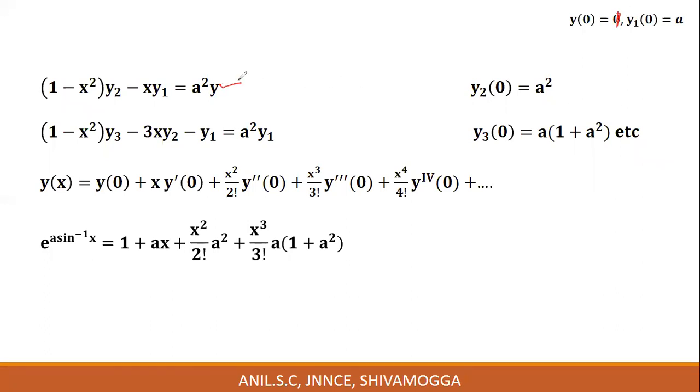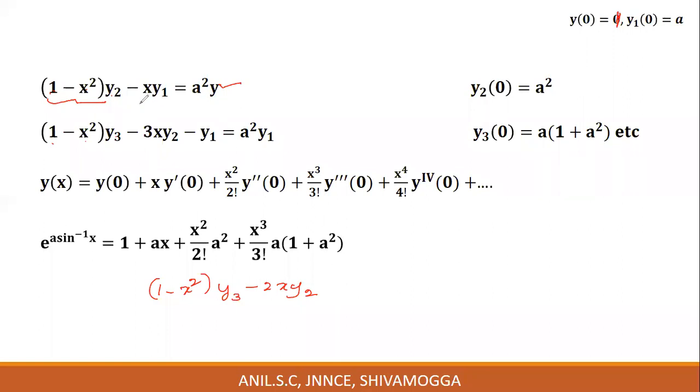Again, differentiate this expression with respect to x. First, we differentiate this term. First function 1 minus x square into derivative of y2, which is y3, and derivative of 1 minus x square, which is minus 2x, into y2.